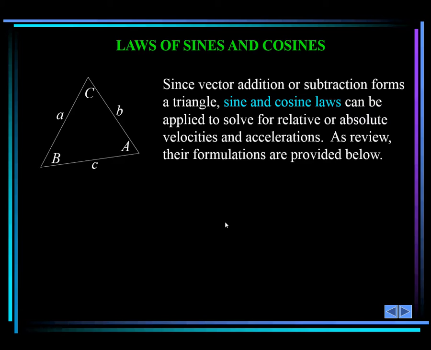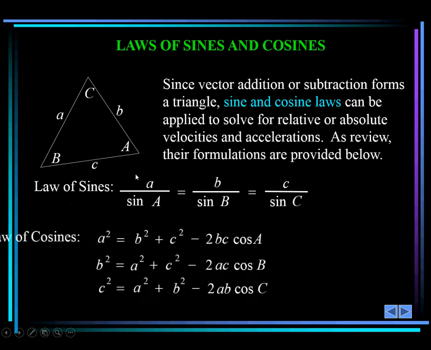So let's review the law of sines. If you have a triangle A, B, and C, this is just a solution of triangles, but since the vectors have magnitudes and directions, we can obtain what is unknown by doing the calculations graphically, putting the vectors and then doing vector addition graphically.